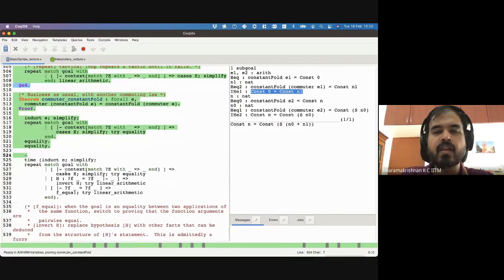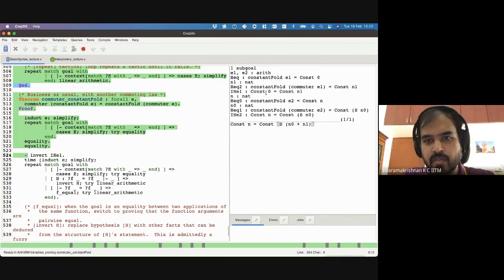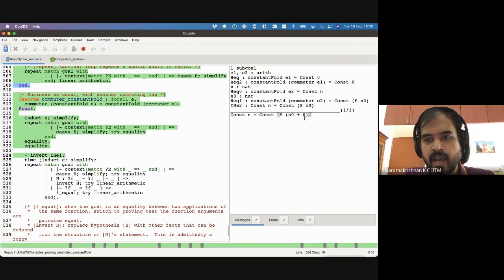One thing it does is, when you apply this invert tactic on IHE1, observe what happens. It has also simplified. Observe that this particular assumption will be gone, but where n1 was here, we have replaced that with 0. So invert is quite powerful, right?